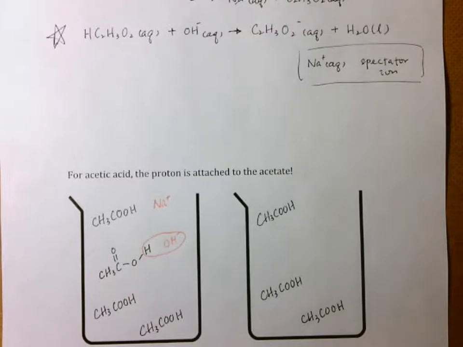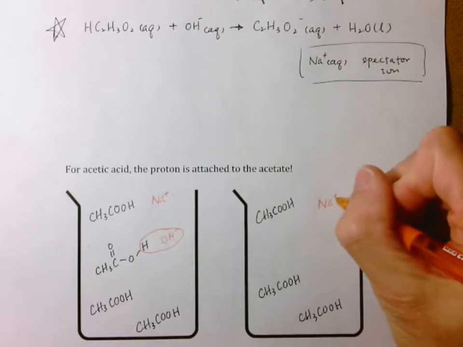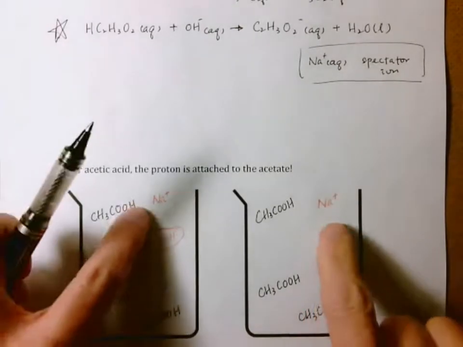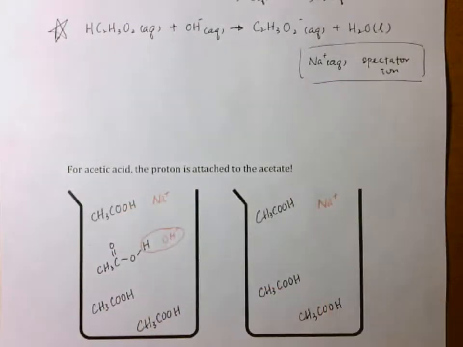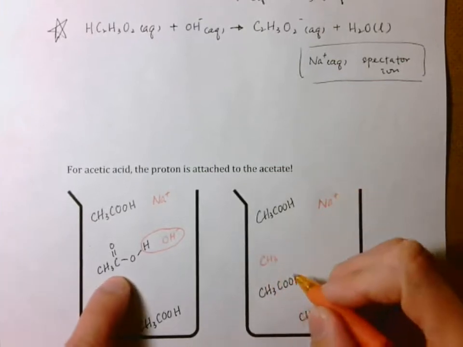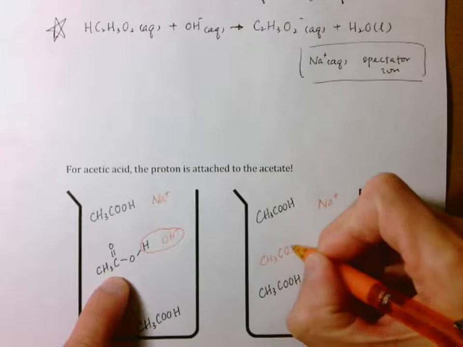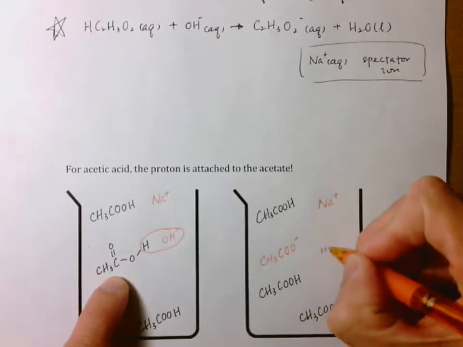So what you end up getting in the product is this. Na plus will still stay in the solution. That's the spectator ion. It is there, it just doesn't do anything. So you end up with CH3COO negative and H2O.